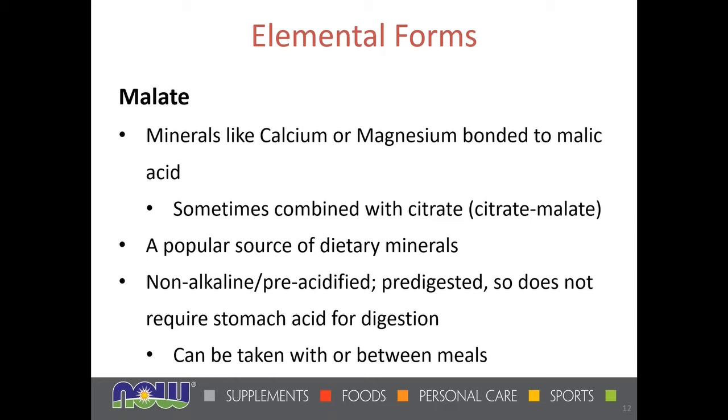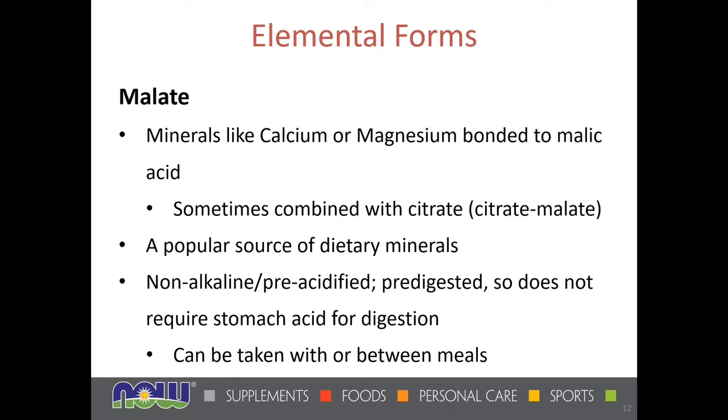The malate is another form. Malic acid is an acid that is found in apples, for example. And it's often combined with citrate. So citrate malate is popular because there have been some studies on that combination form where 2 different acids have been combined with the calcium, for example, calcium citrate malate.